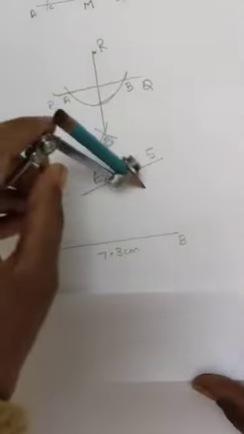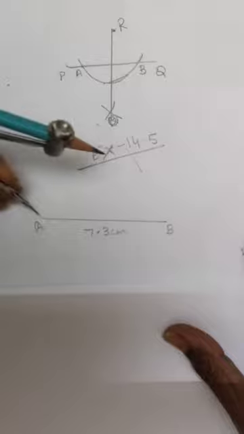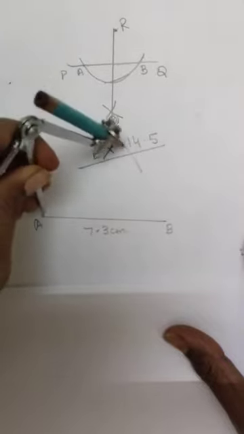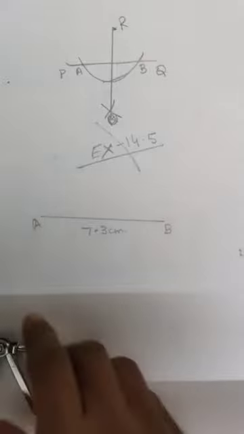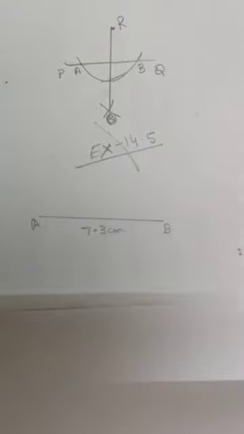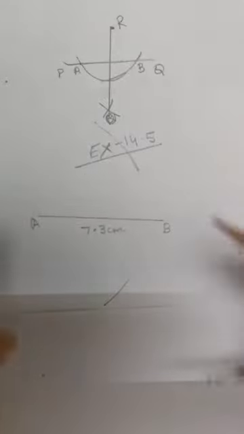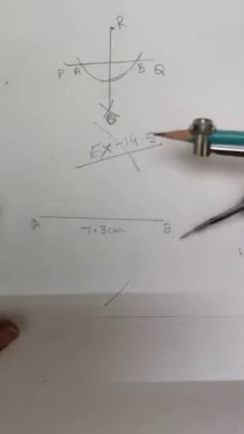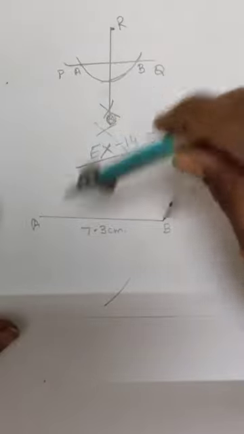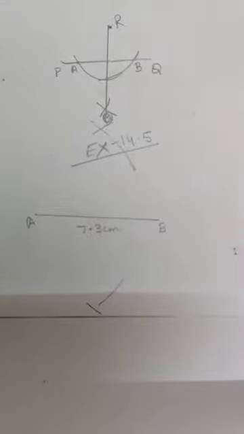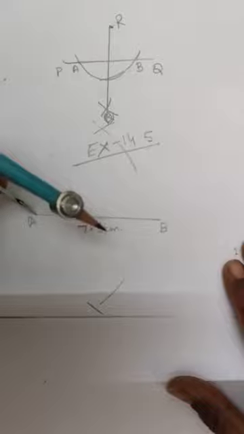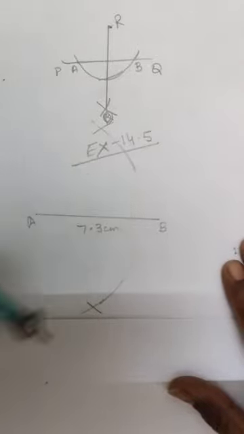AB line के ऊपर भी, just wait, yes, AB line के ऊपर भी और नीचे भी. Now with same radius and B as a center, draw two more arcs which cut the previous arc. ये कट नहीं हो रहा है, so we will extend the previous arc. पहले वाले arc को हम बढ़ा देंगे.